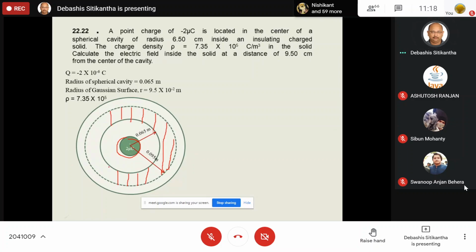Now keep solving it. So Q enclosed is equal to minus 2 microcoulomb plus Q in the shell.